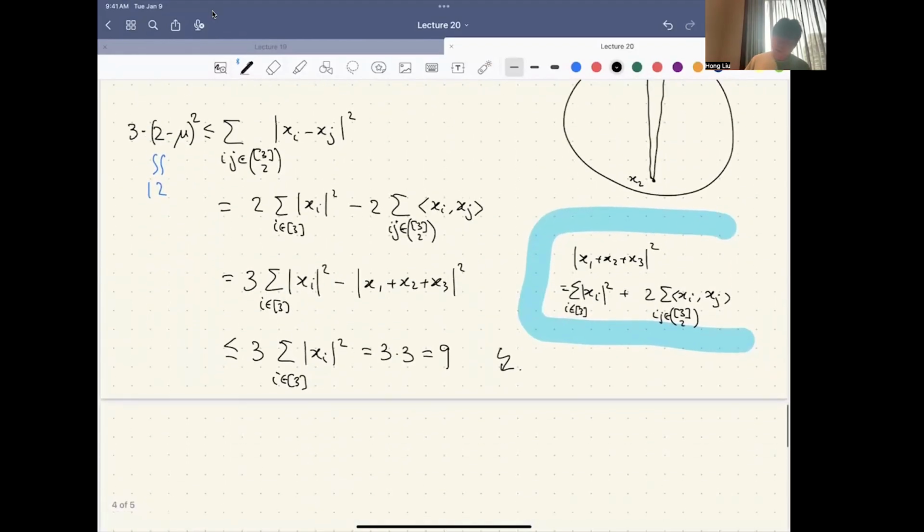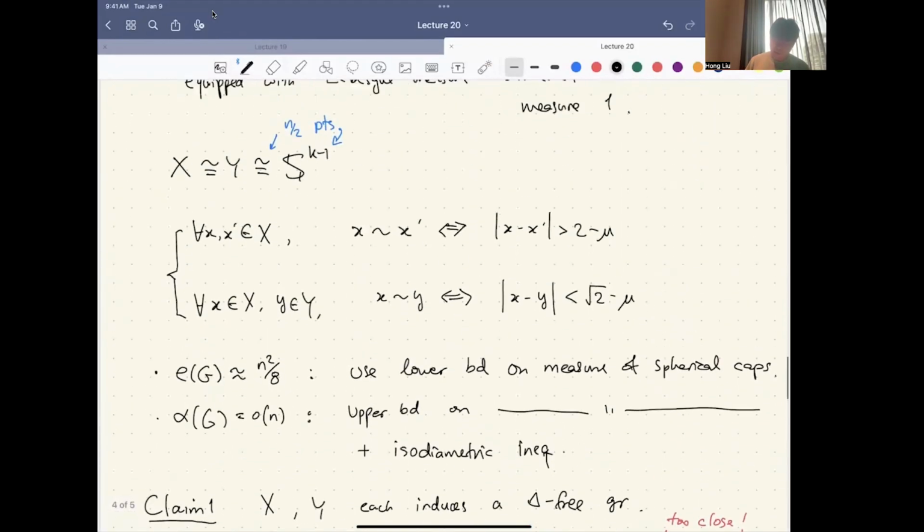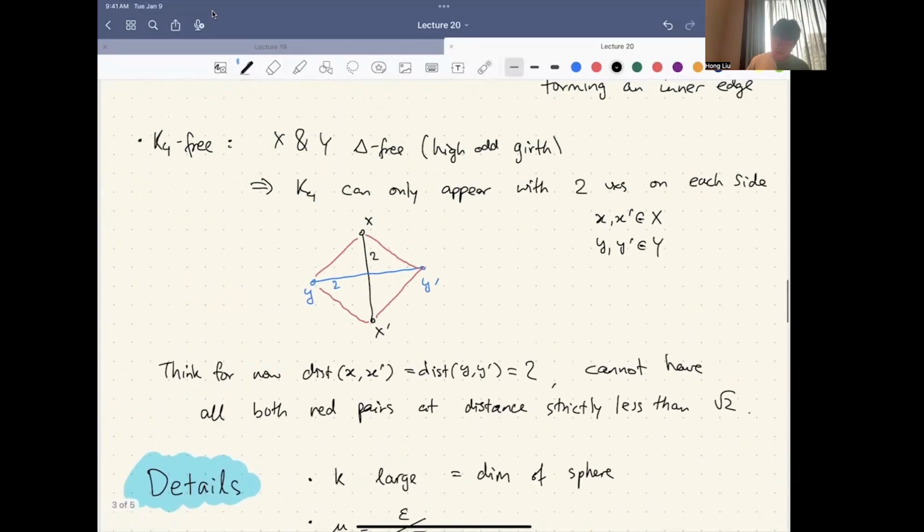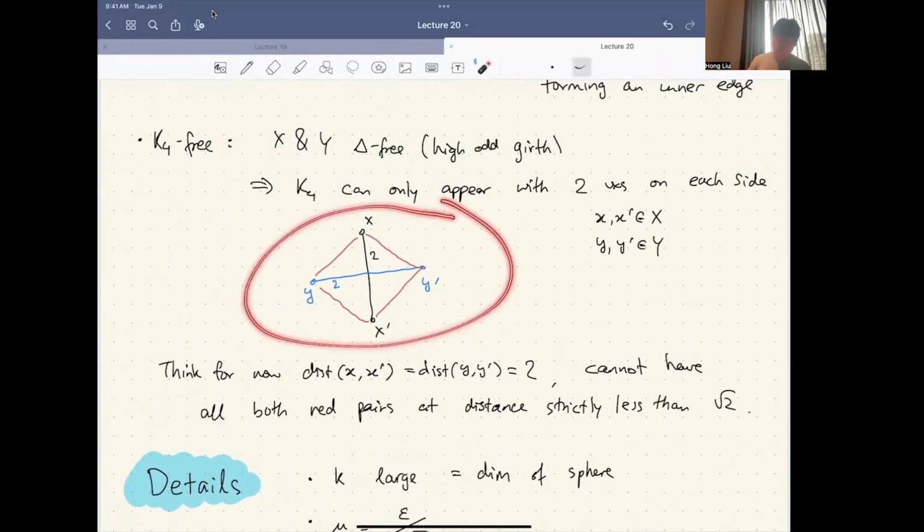So can we have 2 points on each side? We're now going to check that this intuition still works with 2 minus mu instead of exactly 2.